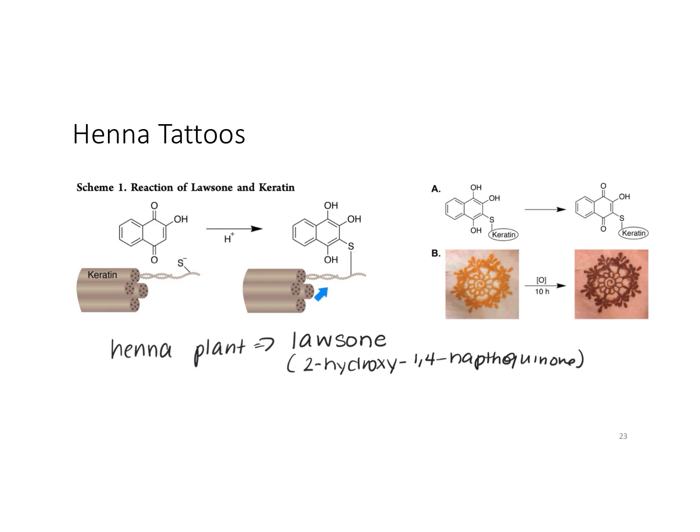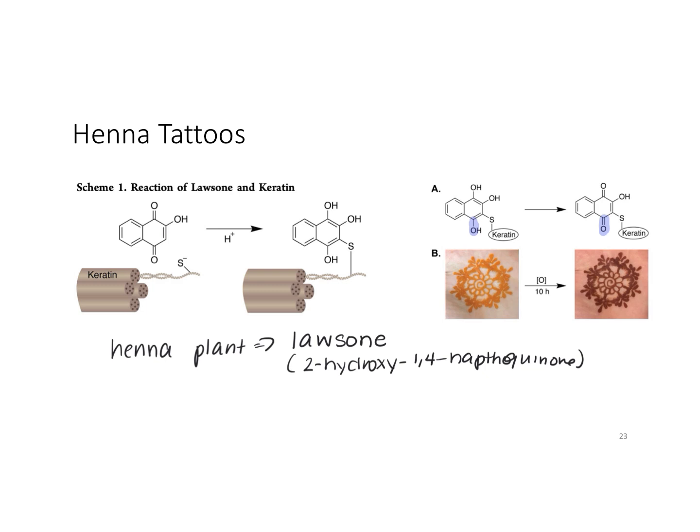Over time, what happens is that complex that's bonded to keratin, so there's the henna, that molecule bonded to keratin, over about 10 hours will undergo oxidation and it will darken on the skin. As it undergoes oxidation, we've got this OH group here and we've lost a hydrogen and gained a carbon to oxygen bond.